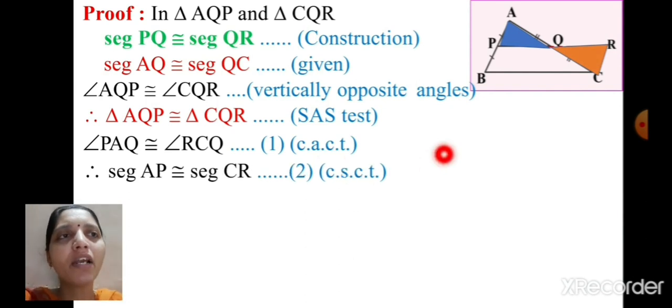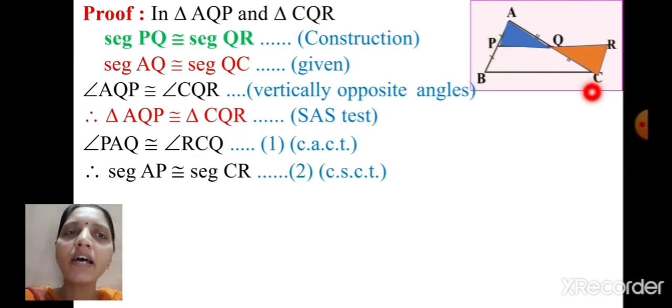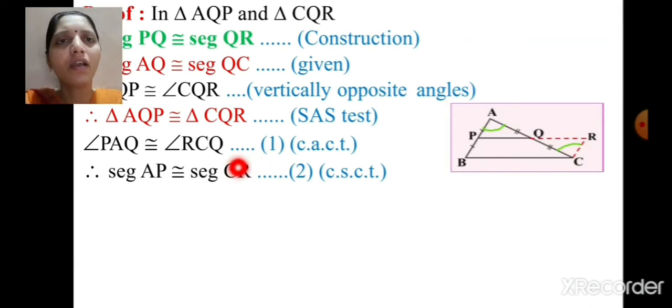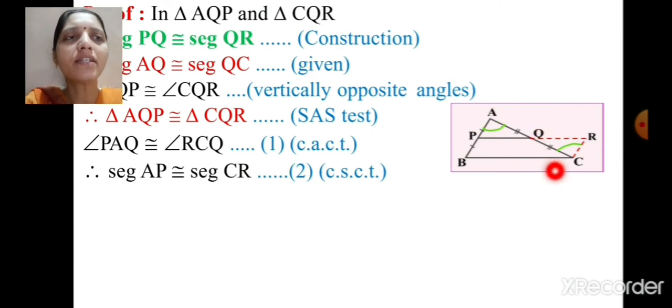Similarly, seg AP is congruent to seg CR. Write this equation as equation 2, and reason is corresponding sides of congruent triangles. Now if you see equation 1, in equation 1 what is given? Angle PAQ is congruent to angle RCQ.